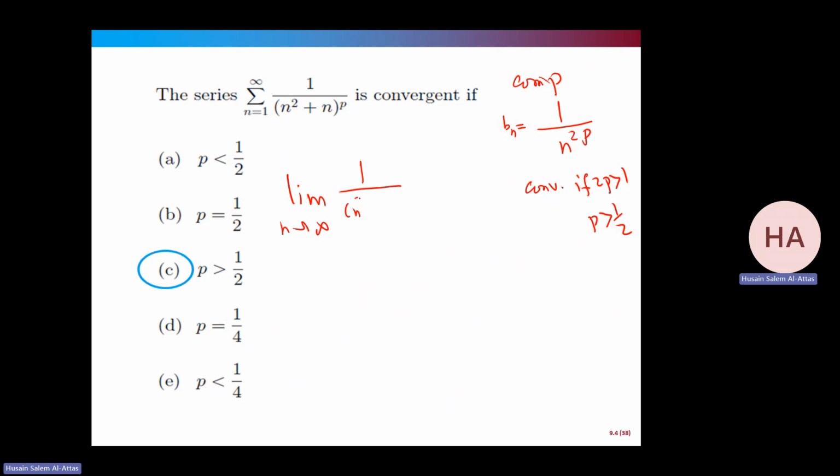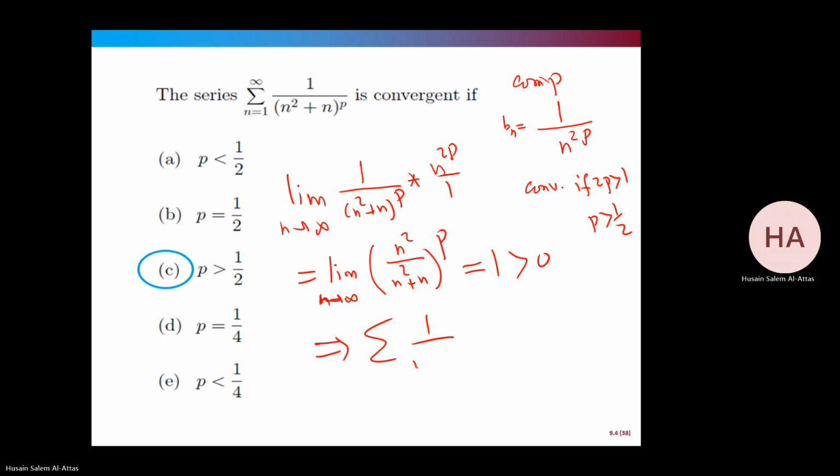So I have 1 over n squared plus n to the power p times reciprocal of this, which I can make it this way, make it inside. So I have, this is n squared over n squared plus n to the power p. Take the limit inside, that will be 1, positive. So this series will converge if this series converges, and that means if p is greater than half. That will be my answer.